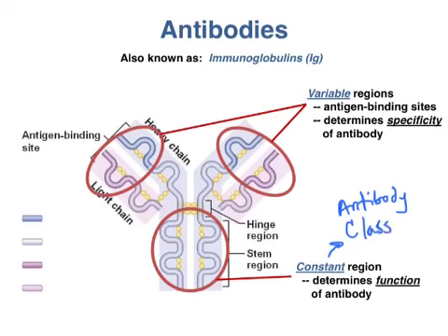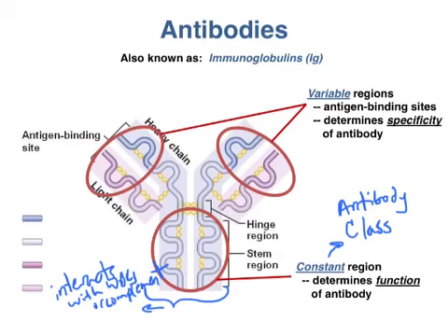So the constant region determines what class an antibody is, which basically determines what that antibody is good at. This is also the region that interacts with phagocytes or complement, with white blood cells.